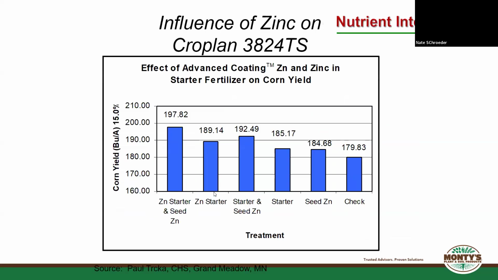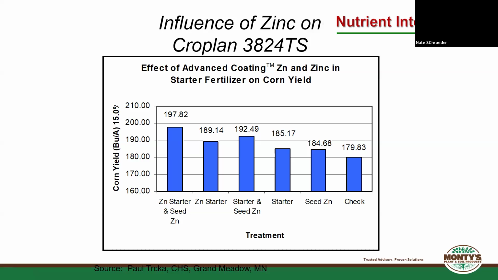This slide is backwards left to right, so it bothers me a little bit, but I don't know how to redefine the table. Checks are far right, then seed zinc, starter and seed. You can just see the more times that plant has the opportunity to uptake zinc, the more yield potential. And hopefully, if Mother Nature cooperates, the more yield you'll have.